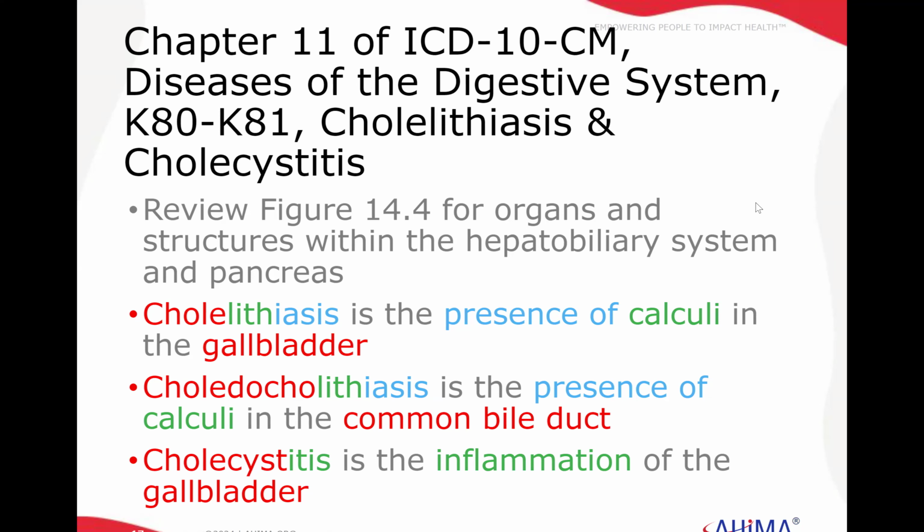Choledocholithiasis is the presence of calculi or stones in the common bile duct, and cholecystitis is inflammation of the gallbladder. You can have all three, you can have two of three, but either way, they're all different codes that fall in the code categories of K80 through K81.